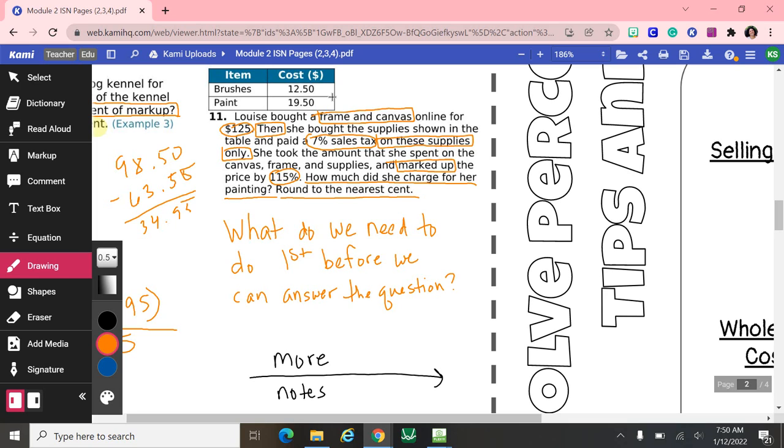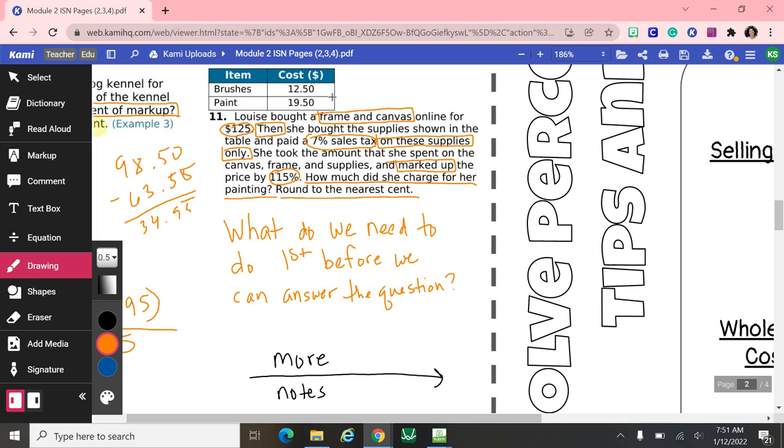It says Louise bought a framing canvas online for $125. Then she bought the supplies shown in the table and paid a 7% sales tax on those supplies only.